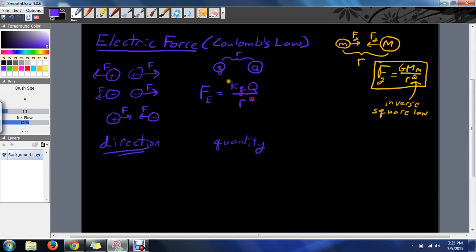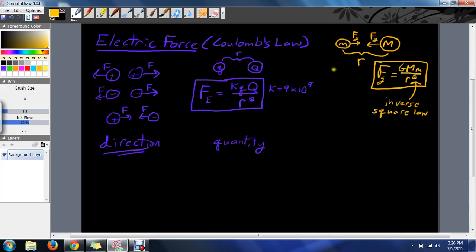So notice how the big difference between the electric force and the gravitational force is that the electric force depends on charge, the gravitational force depends on mass. And of course we have a different constant of proportionality. So this is called the electric constant and has a value of 9 times 10 to the 9.